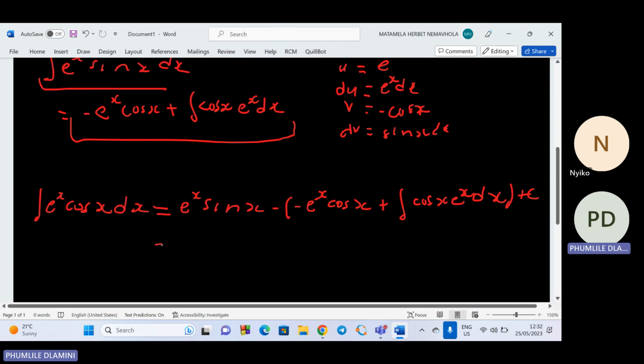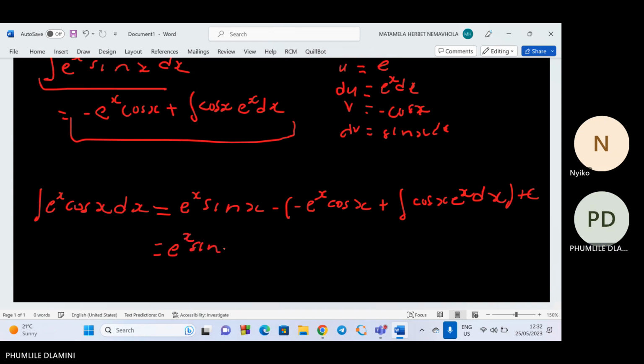So now this results here in e to the power x sine of x plus e to the power x cos x, minus, this negative times is going to be minus, the integral of, we can write it as, e to the power x cos of x dx.